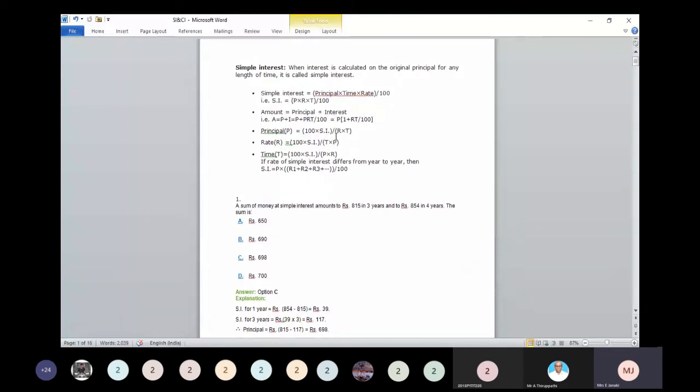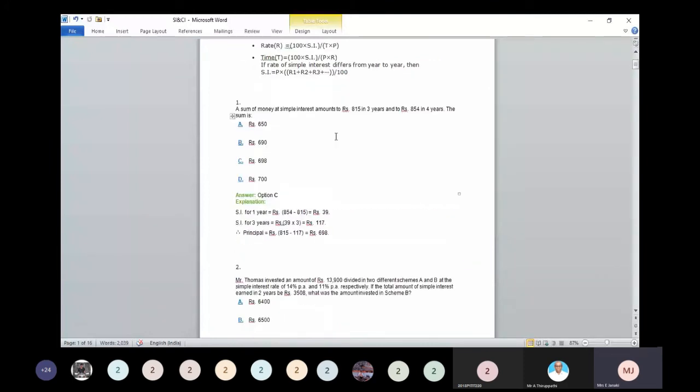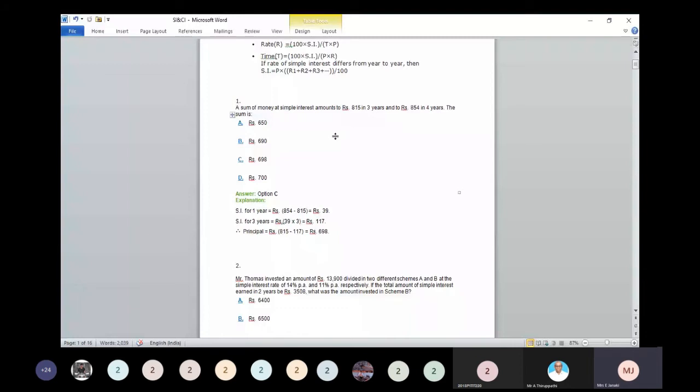Now see the first problem. A sum of money at simple interest amounts to rupees 815 in 3 years and to rupees 854 in 4 years. Calculate the principal value, that is, find the sum. So you invested some money initially.